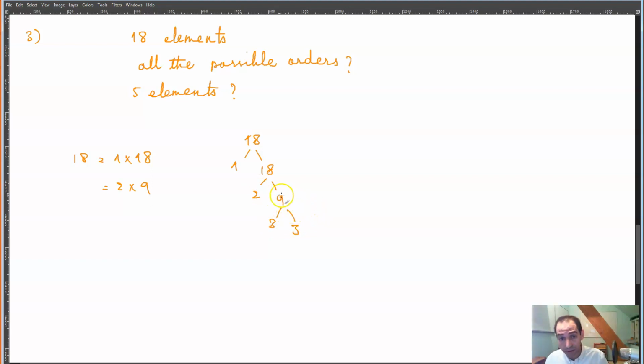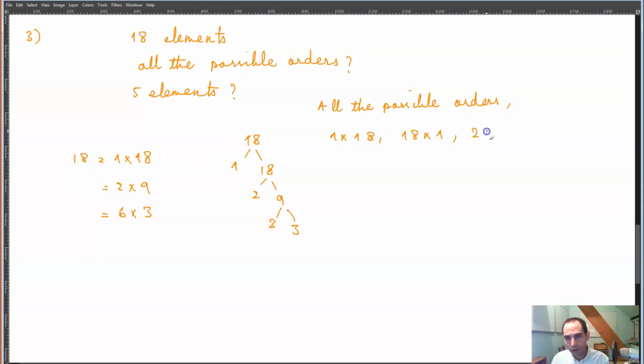So all the possible orders would be 1 by 18 and 18 by 1 and 2 by 9 and 9 by 2 and 6 by 3 and 3 by 6, right?